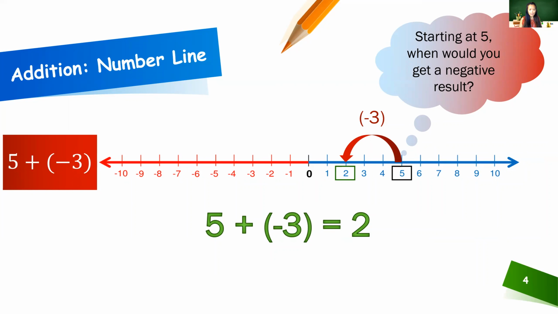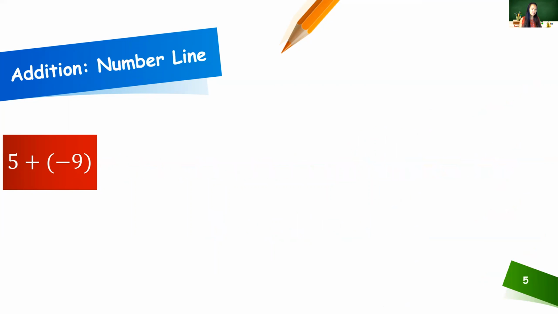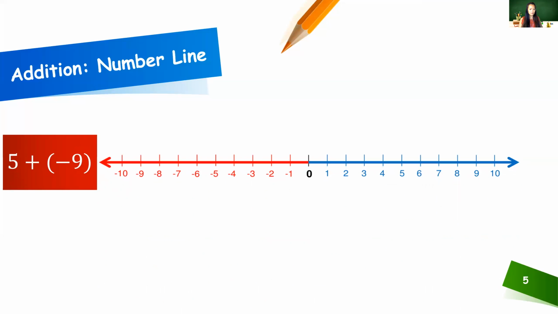Okay, now let's think about this for a second. If you were starting at 5, when would you get a negative result in this addition problem? Pause for a second and write down your thought process. When you come back, if you had thought about something like 5 plus a -9, let's see.